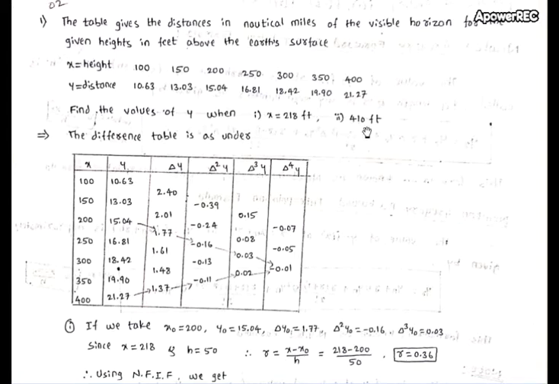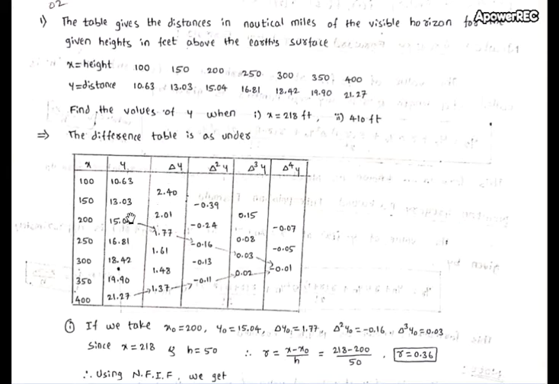The second one is x equal to 410 feet. We have to prepare the x and y values. Solution: the difference table is x and y. You have to write the x and y values in column form here. Then prepare the first differences.